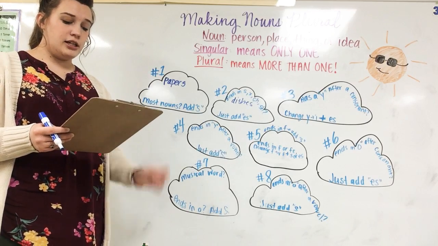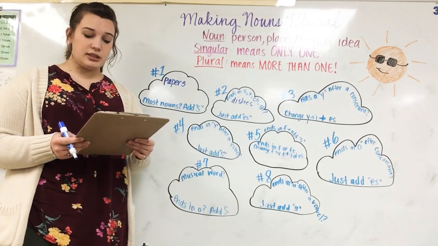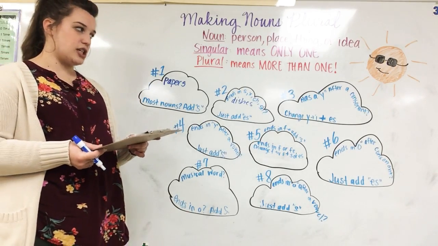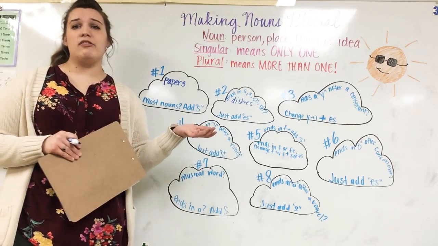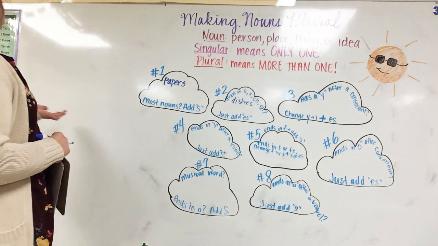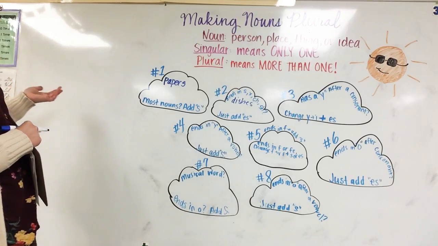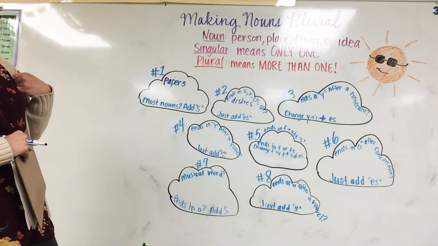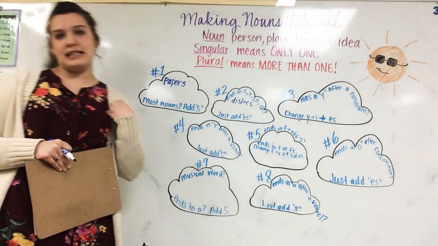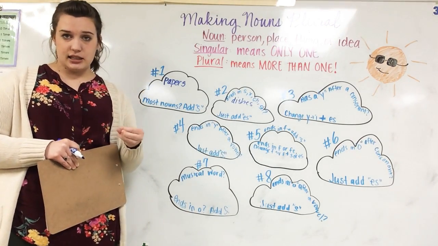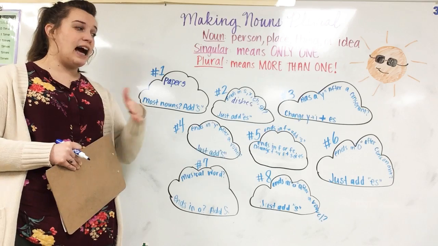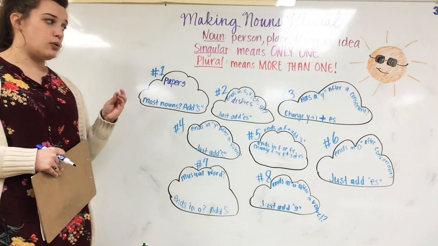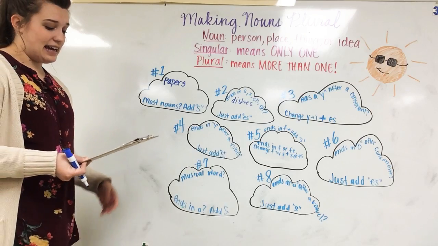Clue number 3, to form the plural of nouns ending in y preceded by a consonant, change the y to i and add es. Now that's a lot of words for just saying, if it has a y after a consonant, which would be B, C, D, F, G, H, J, K, L, M, N, P, Q, R, S, T, V, W, X, Y, Z, any of those consonants that are not vowels, so consonant y, then you're going to change the y to i and add es.